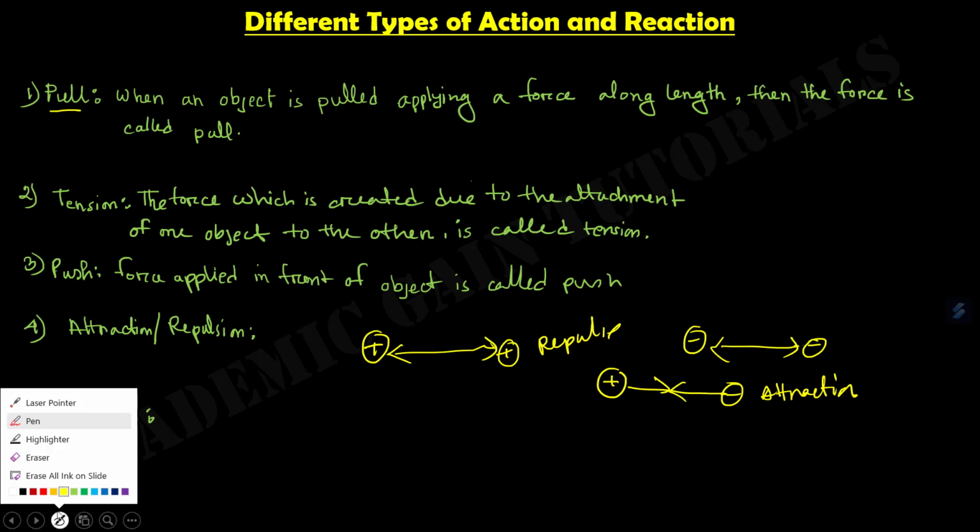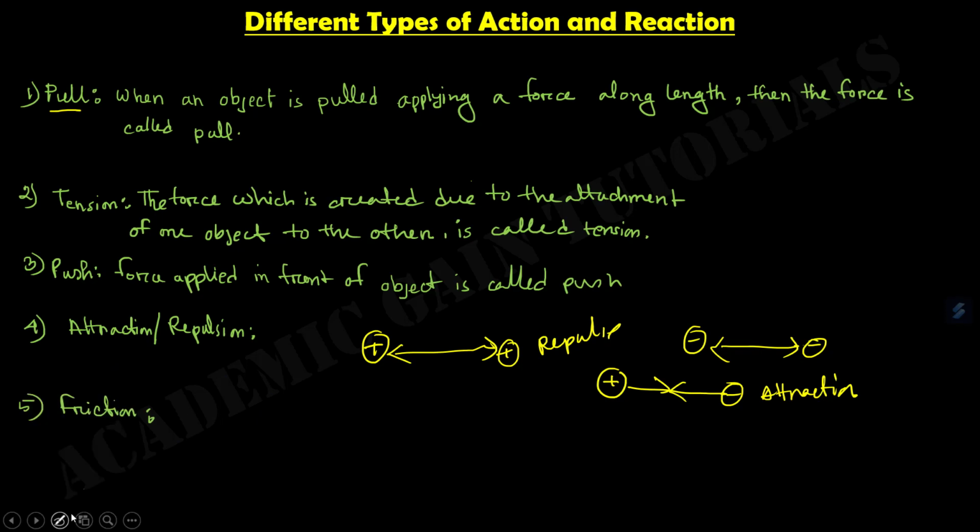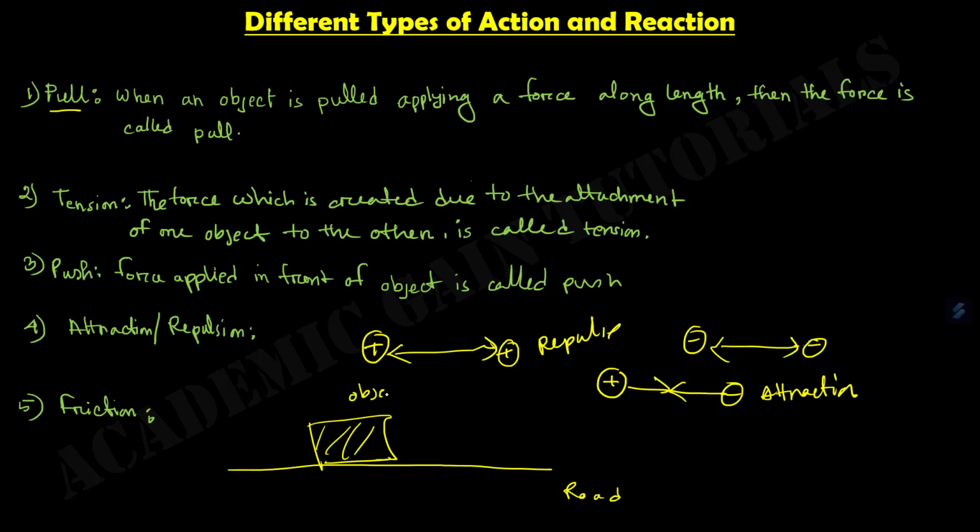Then coming to our last one, which is known as friction. When an object moves or tends to move over another object, a frictional force is generated between the contacting surfaces. Suppose this is a box and we push the box on this road. So this is a road and this is an object.